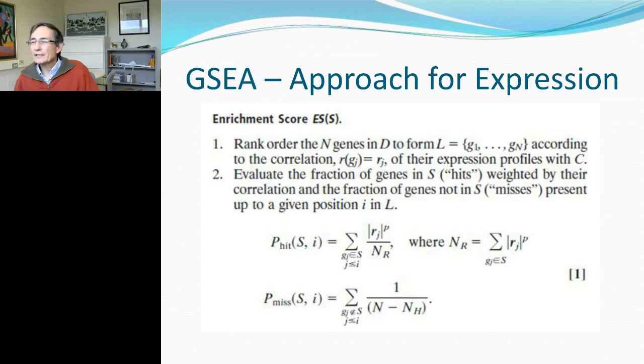And then one evaluates the fraction of genes in the pathway weighted by their correlation against the fraction of genes not in the pathway, and forms a statistic. So S is the members of the pathway, C is the phenotype, and P is a kind of a weighting criterion.